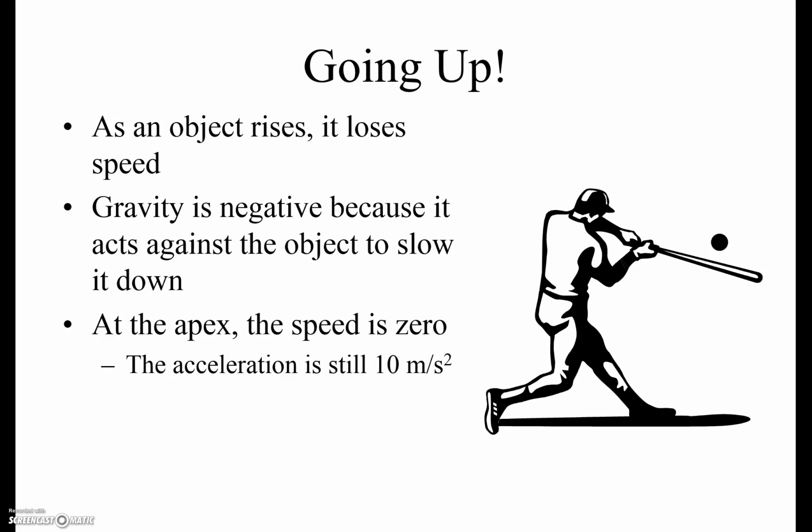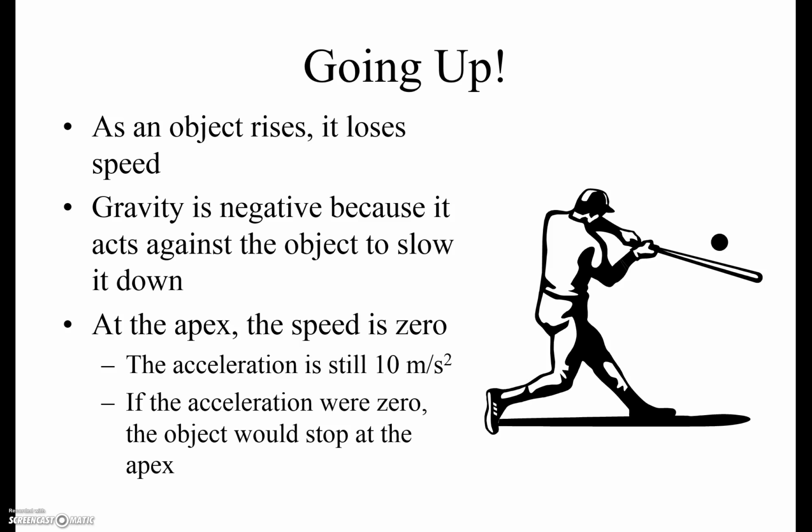But the acceleration is still going to be 10 meters per second squared because gravity is still acting on that object. If the acceleration were 0 at the apex, the object would stop at that apex and not come back down.